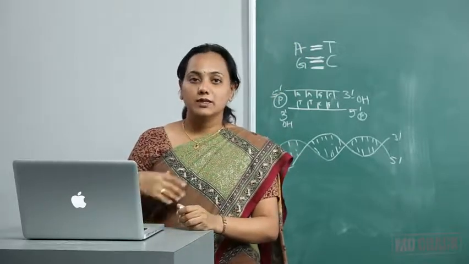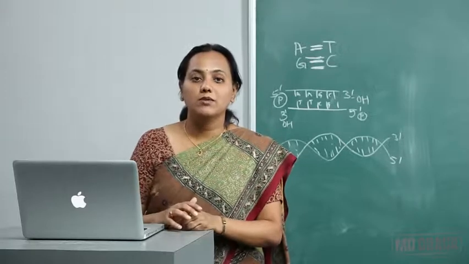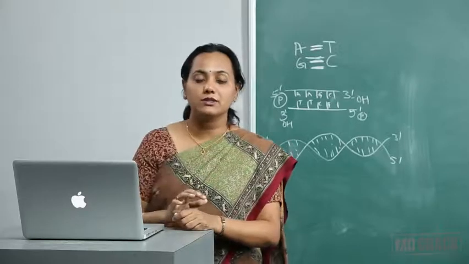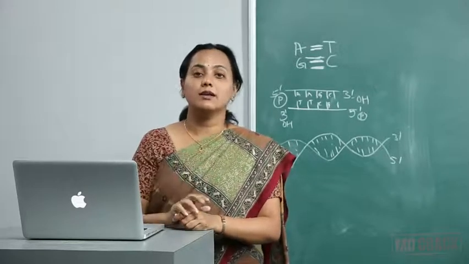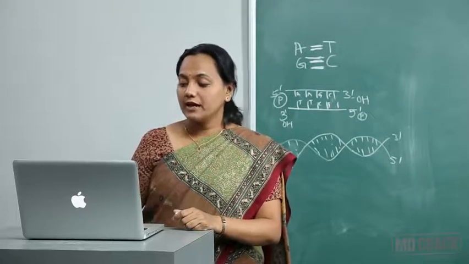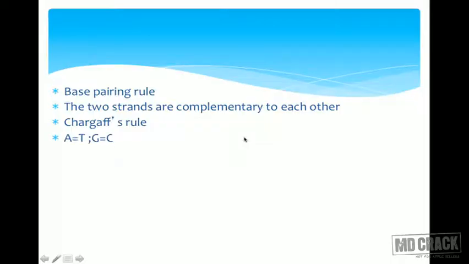Along with this, we have one more scientist who came out with a rule which was responsible for Watson and Crick coming out with the double helical structure and this Watson-Crick base pairing rule. Now, what does Chargaff's rule say? Again, from an MCQ point of view, this is necessary.